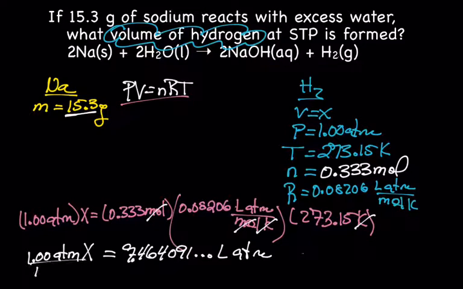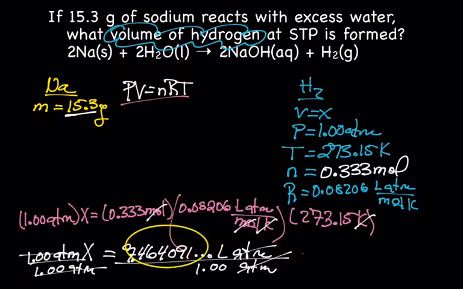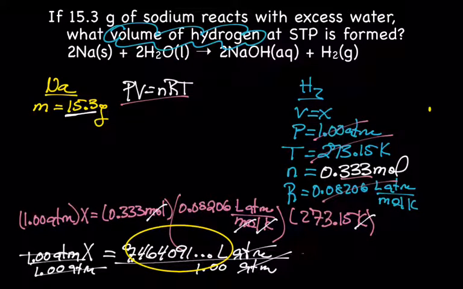Divide both sides by 1 atm, and we end up with this right here. And now we just need to figure out sig figs. Constant, solved for constant, so 3 sig figs. So the final answer is 7.46 liters of H2.